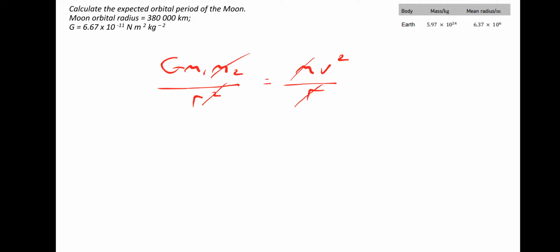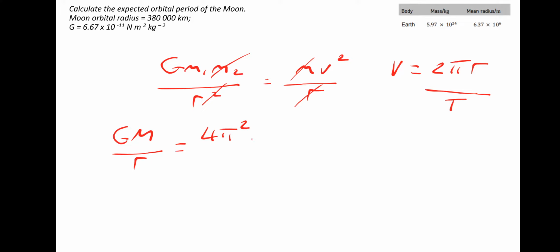Now, we don't know v, but we want the time period T, the orbital period, so we need to eliminate v. There's an equation from further mechanics, which is velocity is 2 pi r over the time period. If we square that and substitute it in, we're left with GM over r equals 4 pi squared r squared over T squared.